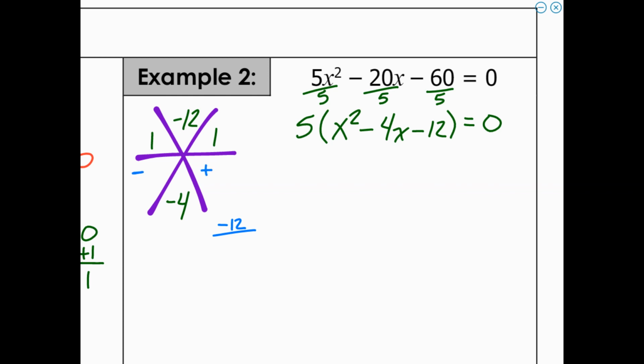Two and 6. One positive and one negative. So negative 6 and positive 2. Yes.